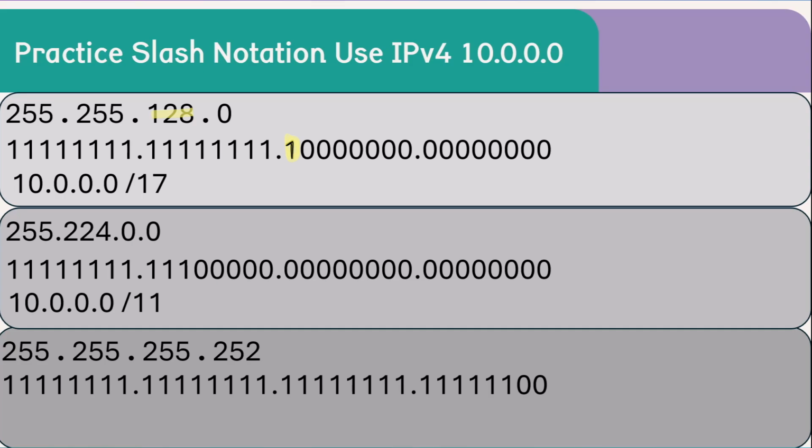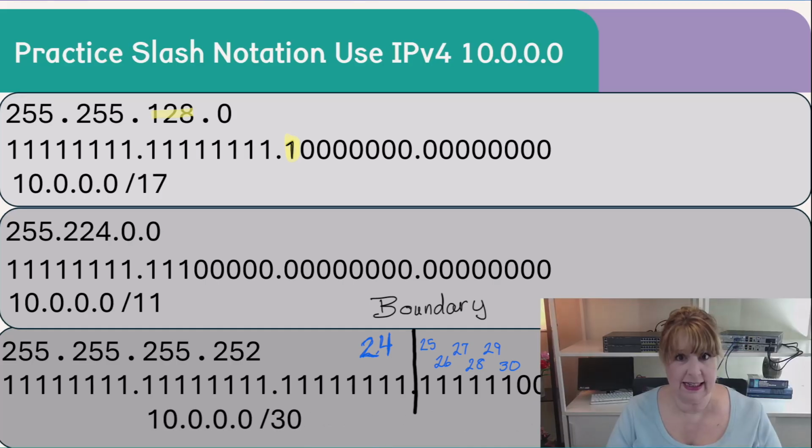So we've got 8 plus 8 plus 8, which is 24. Here at our boundary between the third and fourth octet, we have 24 ones. So we can just count on. We have 25, 26, 27, 28, 29, 30 ones. And so our slash notation is /30.